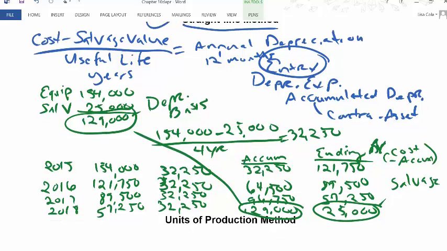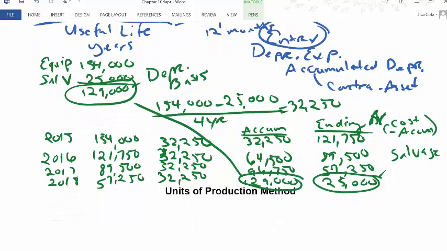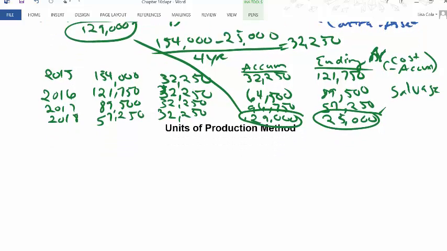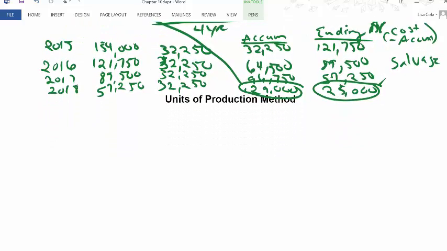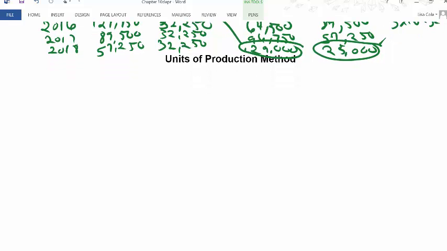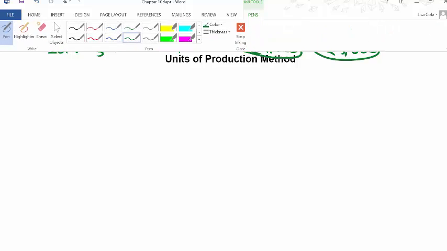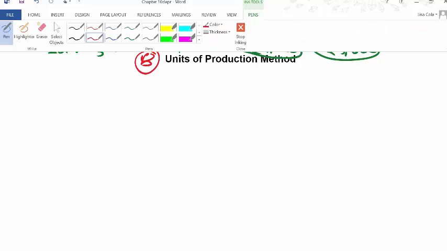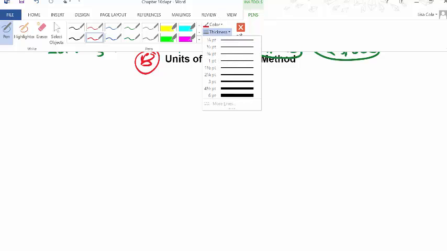If we scroll up, our next method that we're going to look at is our units of production method, our units of production method of doing depreciation. Let me give you another color here. Okay, our units of production method.